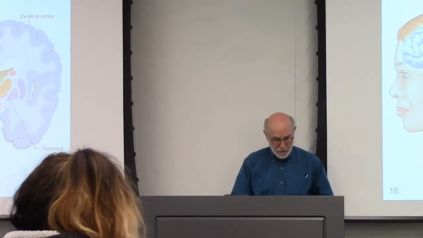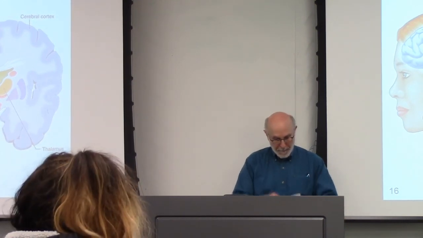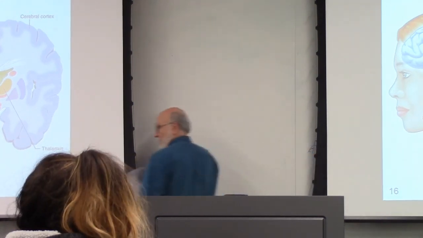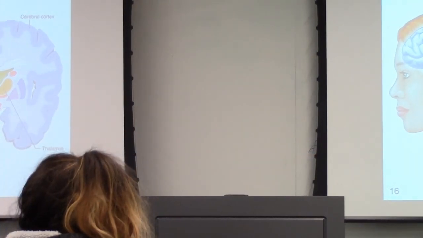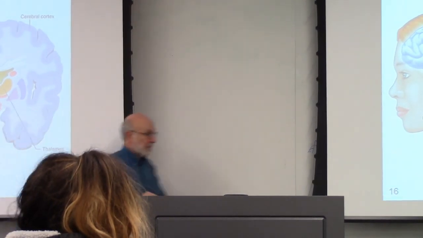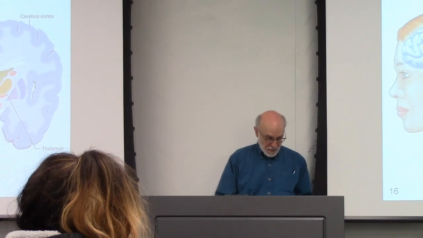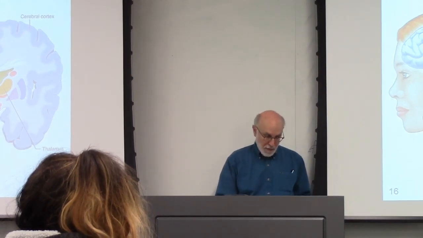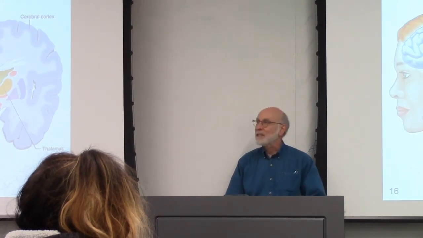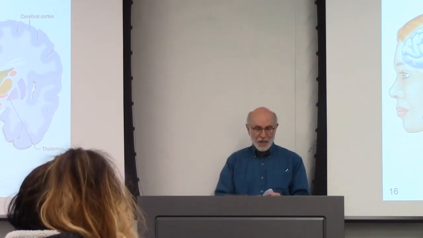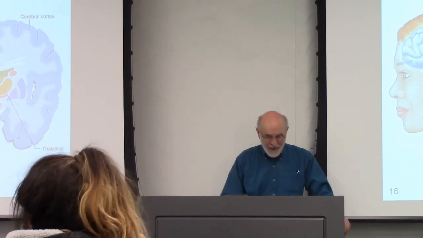Let me give you your quiz. Question 8. There is no question 8. There's question 9 twice, at least on my copy. Oh, there's question 8 and there are two question 9s? Okay, question 8.